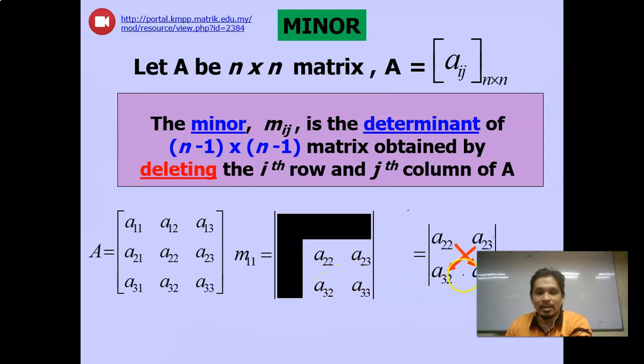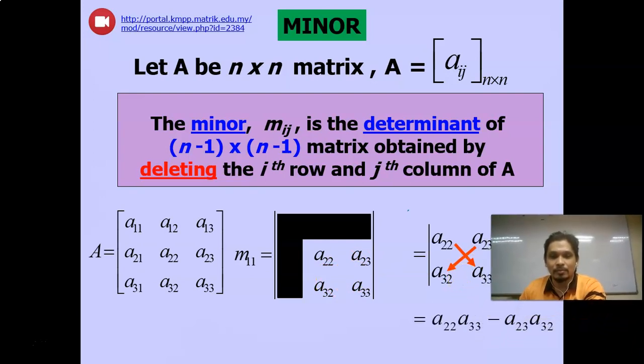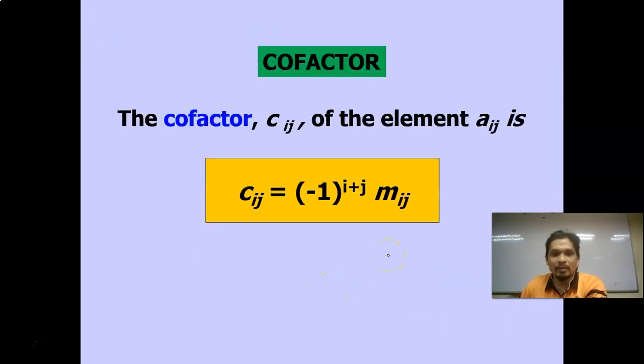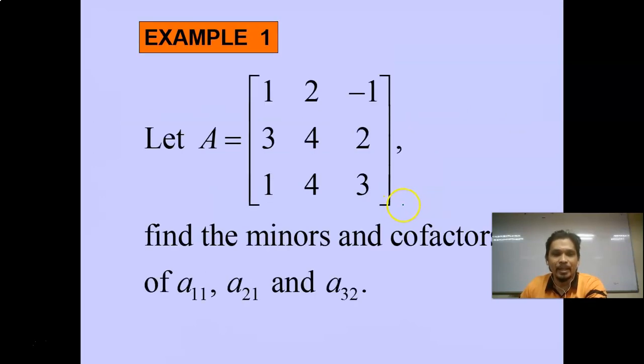And the cofactor of element Aij is given as written here: negative 1 to the power of i plus j, times the minor. So find the minors and cofactors of A11, A21, and A12.